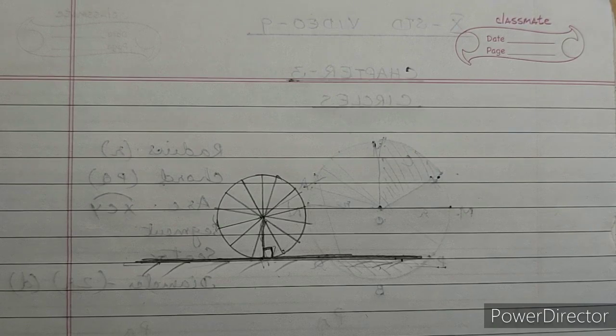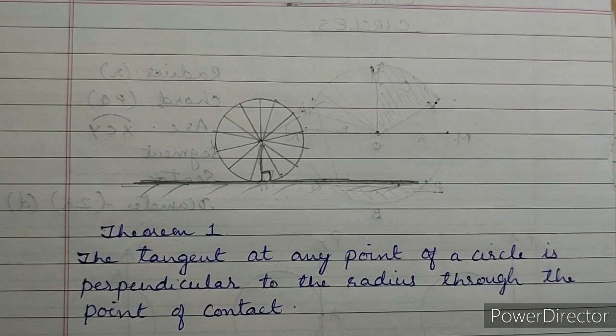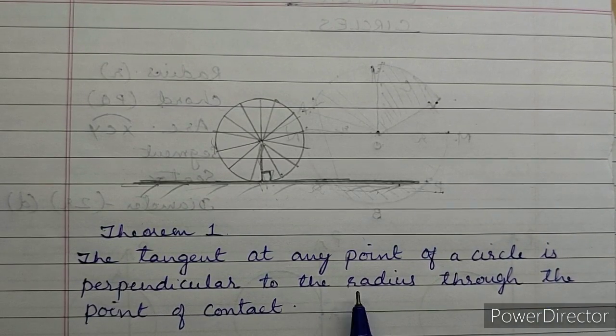This is the coming theorem. So first theorem statement, the tangent at any point of a circle is perpendicular to the radius through the point of contact. So point of contact means where the line and the circle touch each other. So that point is known as point of contact.